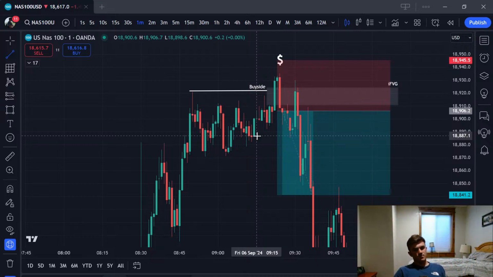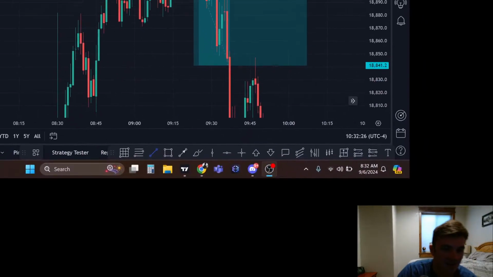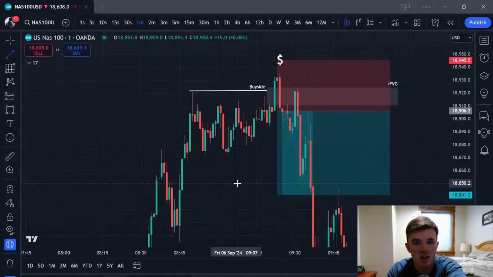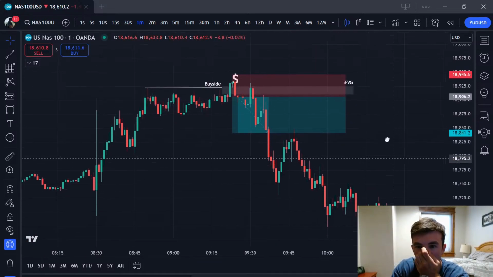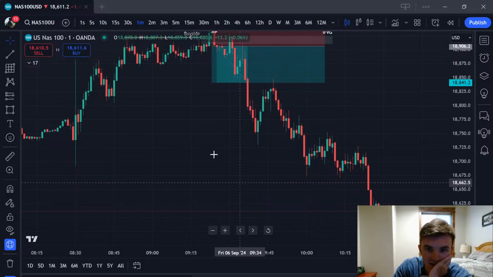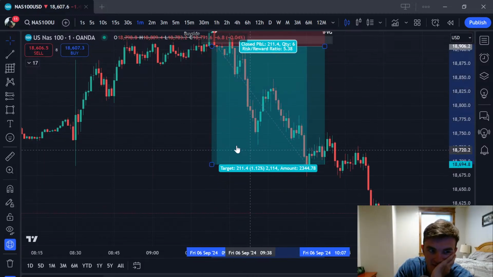Okay. I honestly might call it a day because that's kind of sad. I'm not going to force a trade. I don't think we're going to get a trade. Look at what we missed out on. This is crazy.